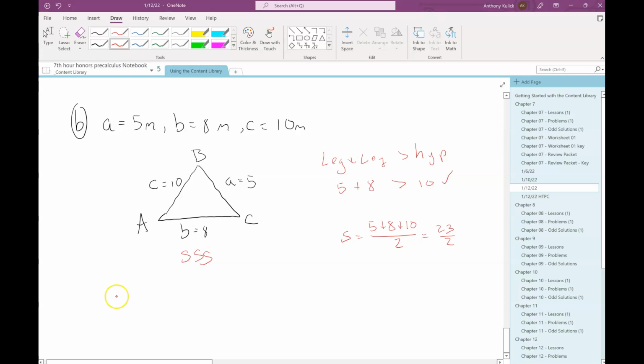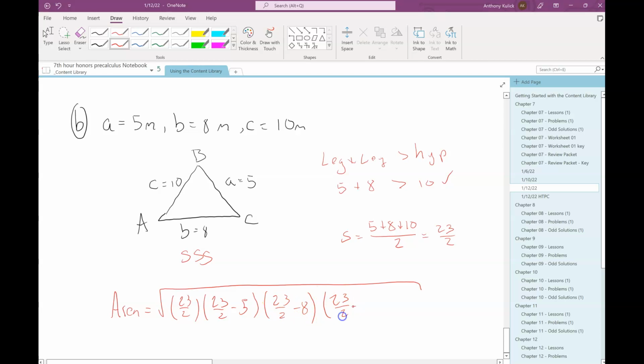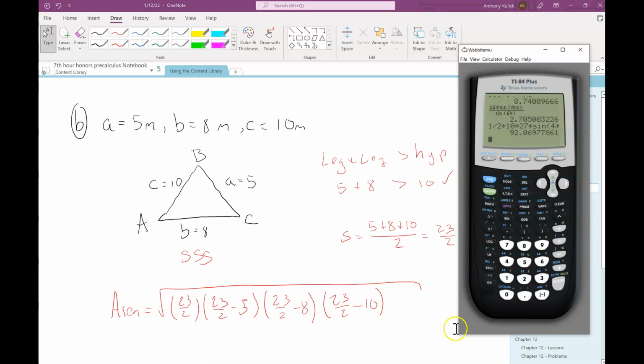All right, so there's my value for S. So now if I plug this into Heron's formula, 23 over 2 times 23 over 2 minus 5 times 23 over 2 minus 8 times 23 over 2 minus 10. This is a case where the answer function on your calculator is your friend.